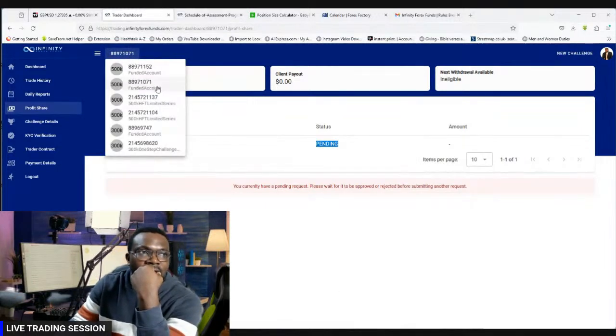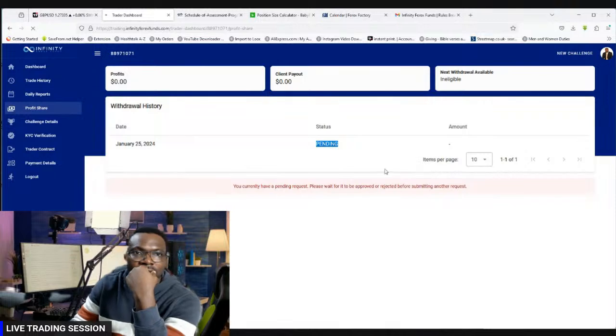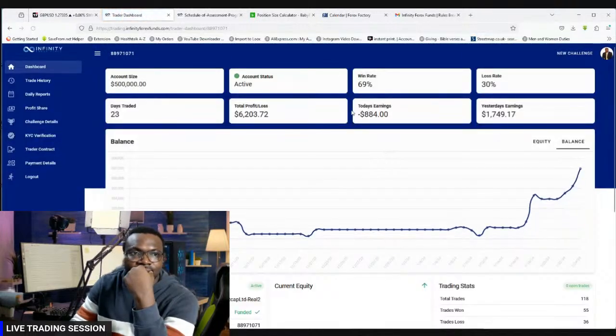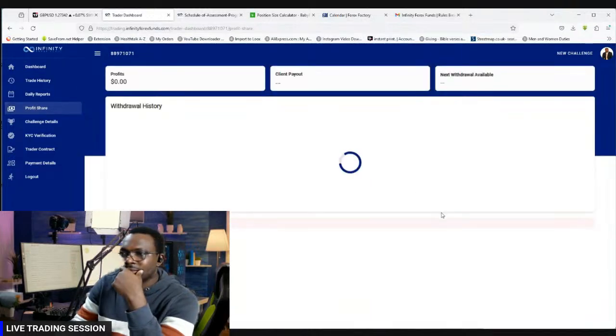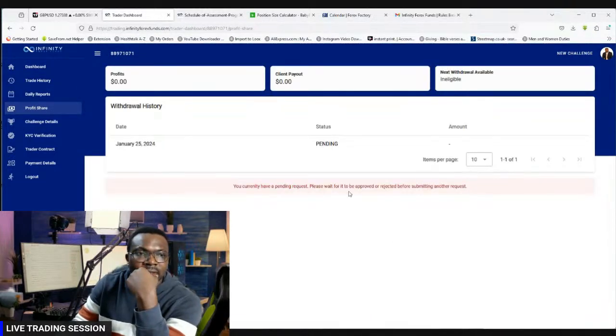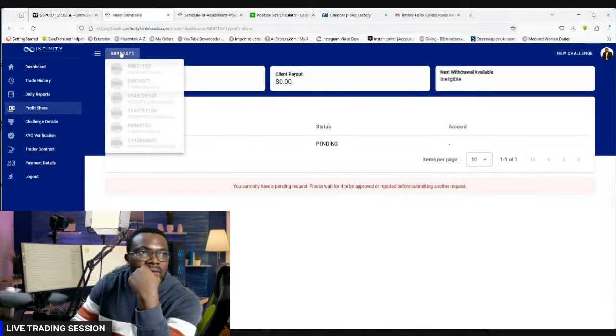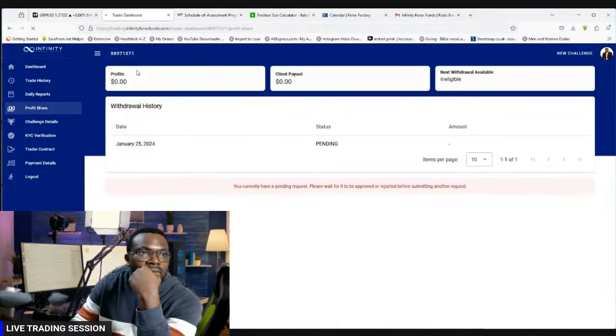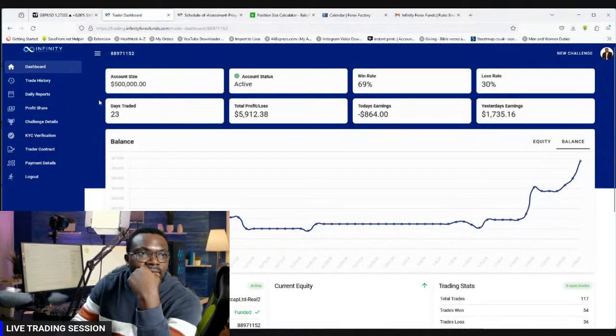As you can see, the withdrawal has been placed on this one. I'm going to place another withdrawal as well. We're also going to place a withdrawal on that profit share. Currently pending, waiting for approval. Wait a minute, is it the same one? Sorry.